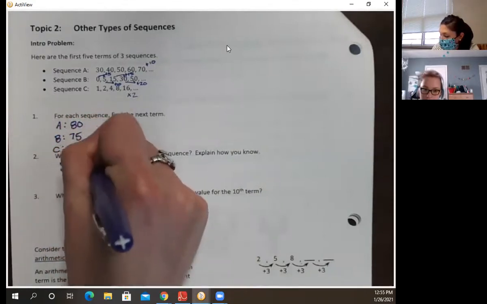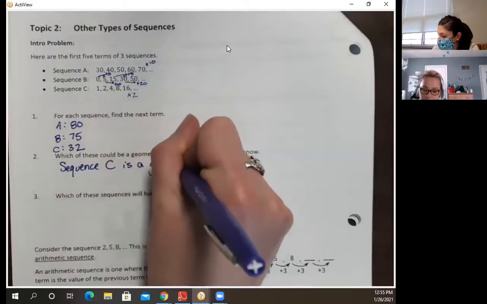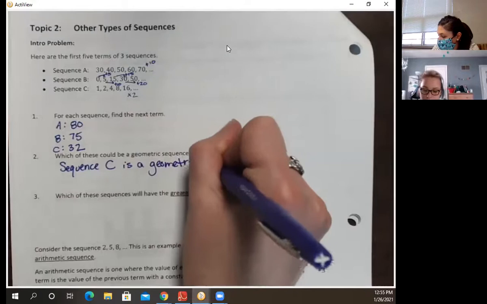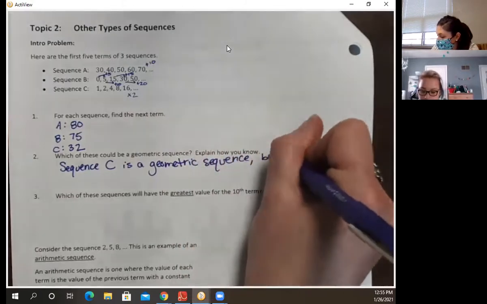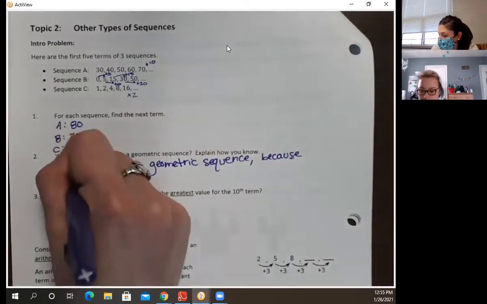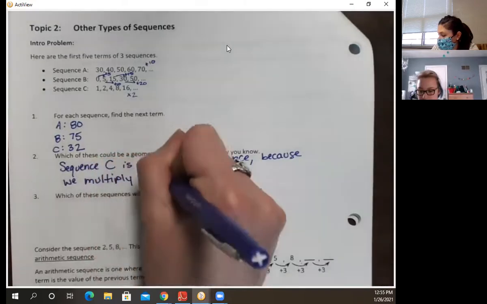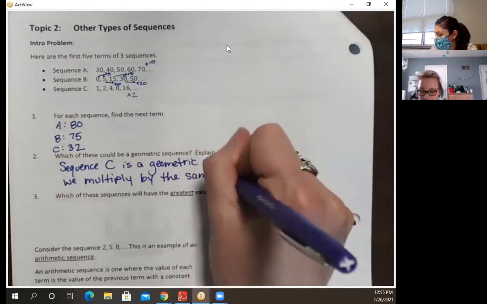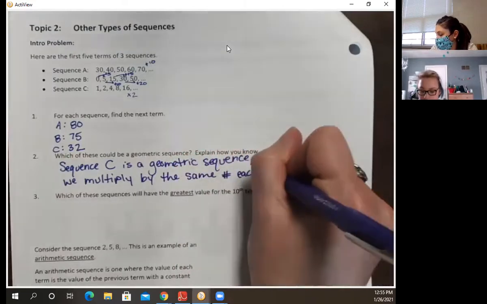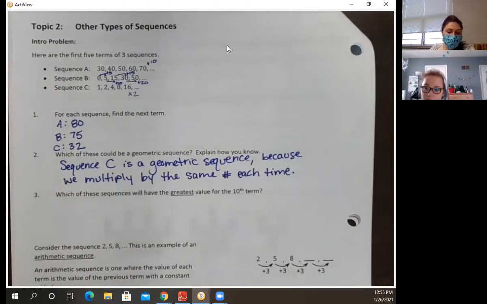Sequence C is a geometric sequence because we multiply by the same number each time. When I multiply by the same number each time, I've got a geometric sequence.